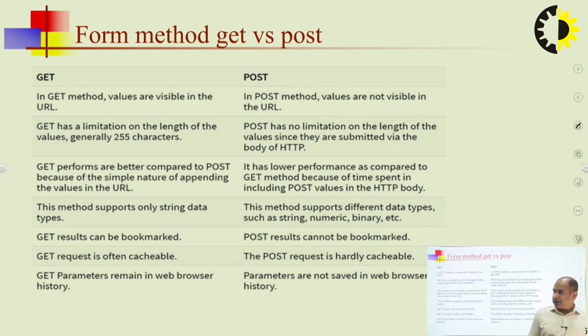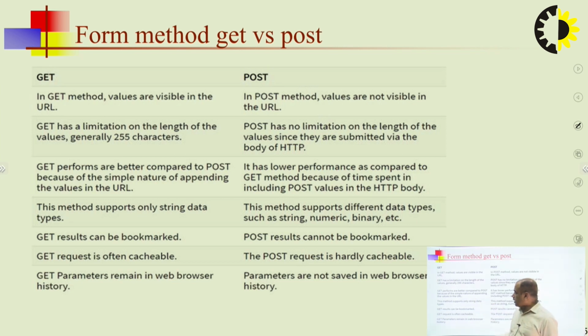The second important difference is that get has a limitation on the length of values. Generally it takes 255 characters. In case of post, there is no limitation on the length of the value, since values are submitted via the body of the HTTP request.